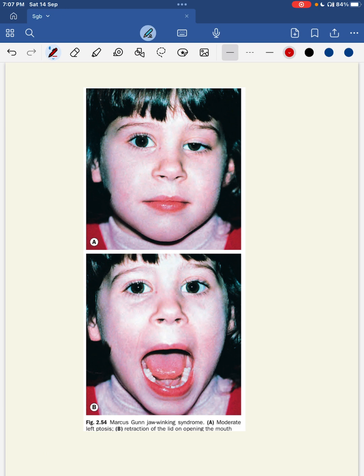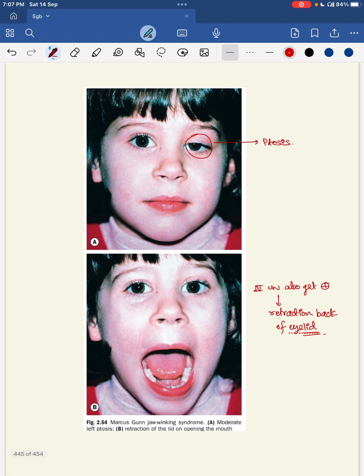In simple terms, there is ptosis of one side, and under jaw movement, pterygoid muscle contraction, the third nerve also gets stimulated, which causes retraction back of the eyelid. This is also called congenital synkinetic ptosis, or Marcus Gunn jaw winking ptosis.